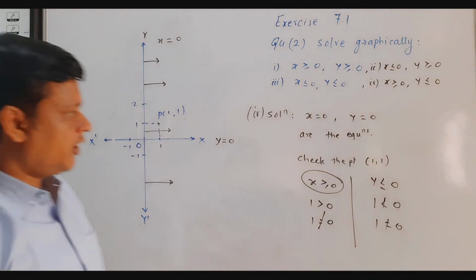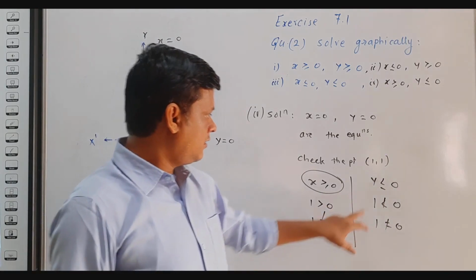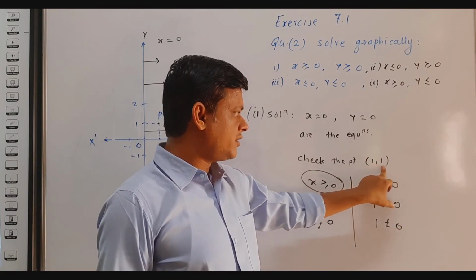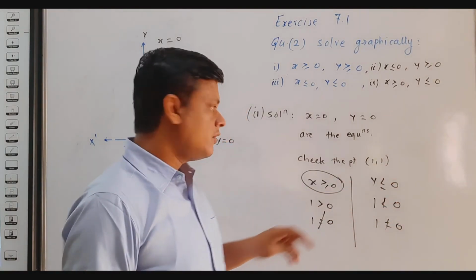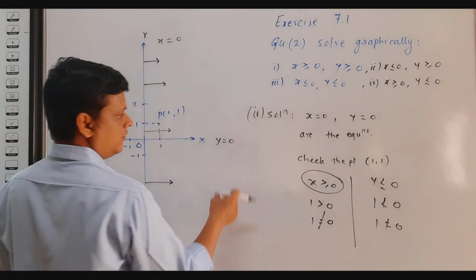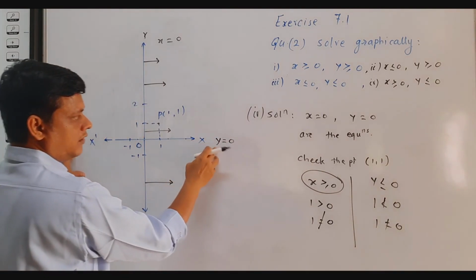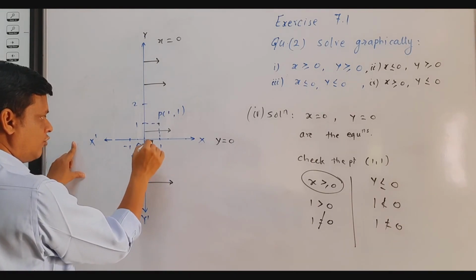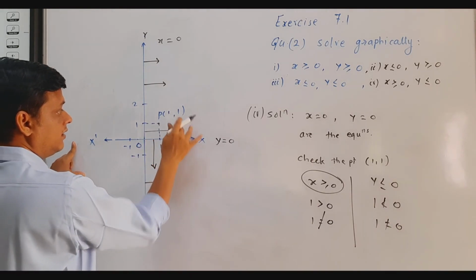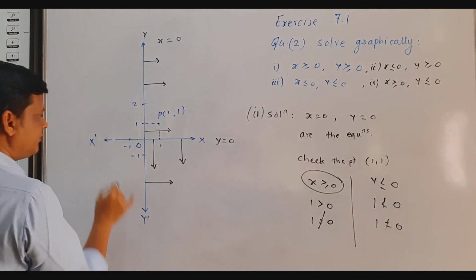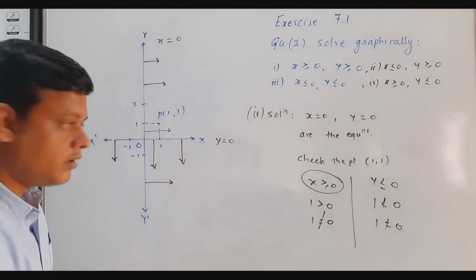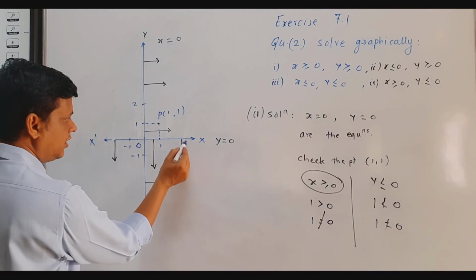Now similarly for this second inequality y less or equal to 0, this point does not satisfy this inequation. So we mark for this y equals to 0 opposite to this point. So we have to mark below the x-axis. So we get the common portion in fourth quadrant.